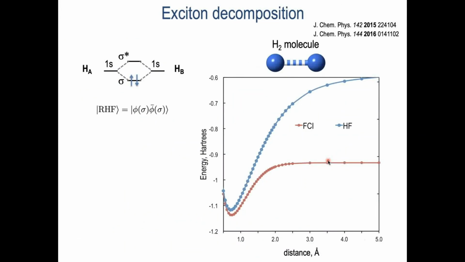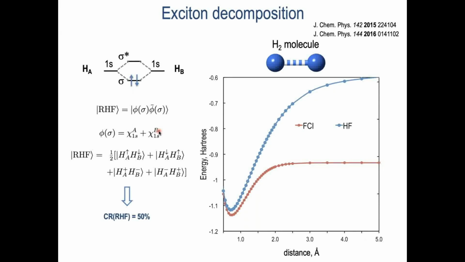And let me go back once again to the H2 molecule to show you a very simple case where we can use this scheme. So now I will be computing the dissociation of H2, but using the decomposition of, in this case, the ground state, not even an excited state, in terms of different valence bond-like contributions. So for the Hartree-Fock, we have one electron in the sigma alpha orbital and one electron in the sigma beta orbital.